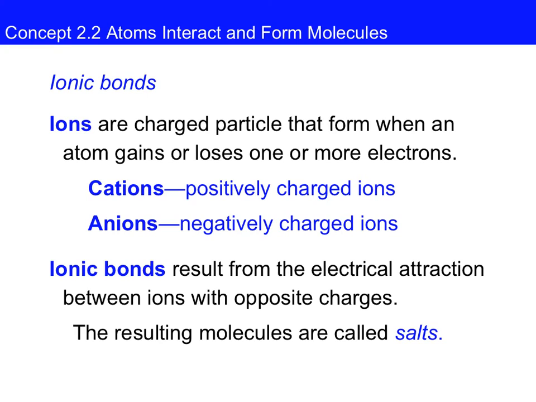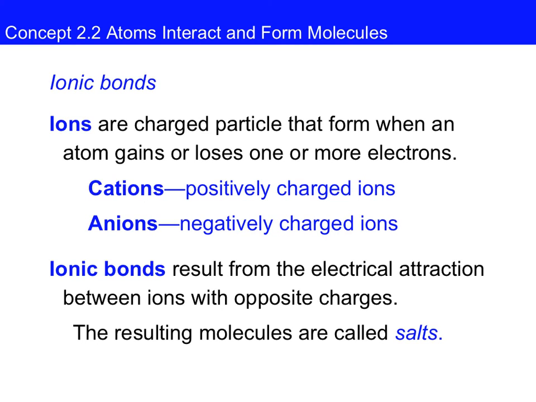This is really crudely put, but if an atom has one valence electron, it may just give that up. Now it has an extra positive charge, so it becomes a positively charged ion. A negatively charged ion is formed when an atom gains electrons, so it now has a slightly negative charge.